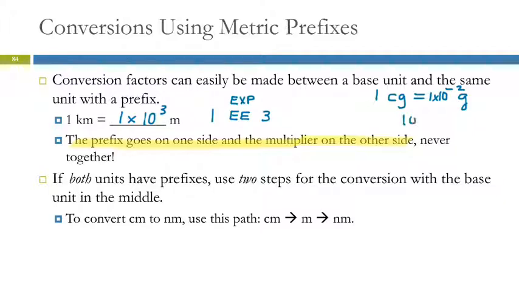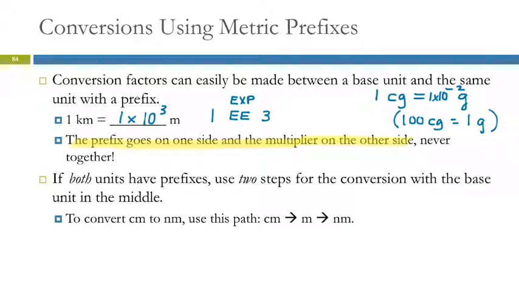You could say that there are 100 centigrams in 1 gram. That is true. And if this stuff makes sense to you, you'll be fine doing that. If you find unit conversions confusing, don't do that. Follow this pattern. The prefix on one side, the power of 10 on the other, always, always, it works every single time. Just follow the pattern, okay?